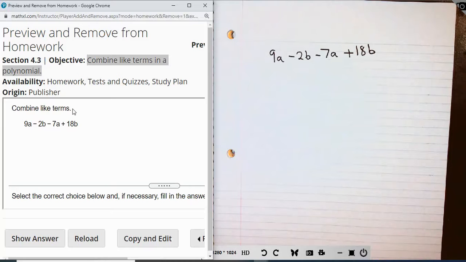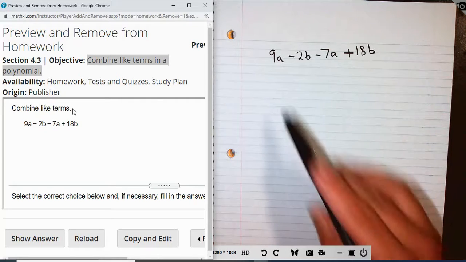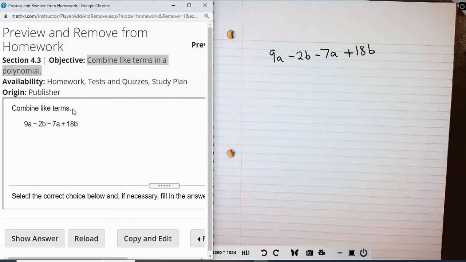Like terms, remember, have the same variable involved. So 9a and 7a go together, and negative 2b and 18b go together. Remember, same exponent, same variable.